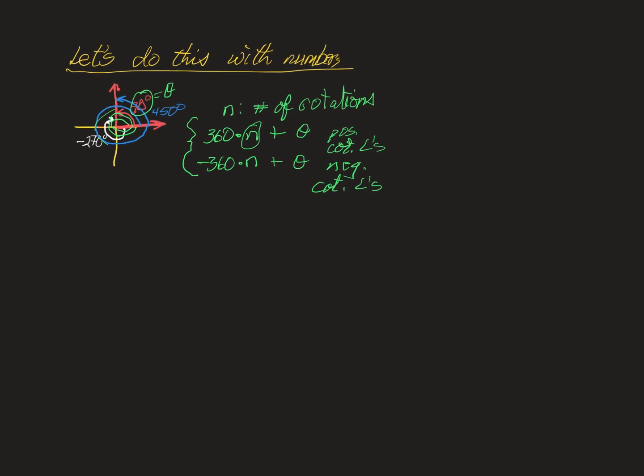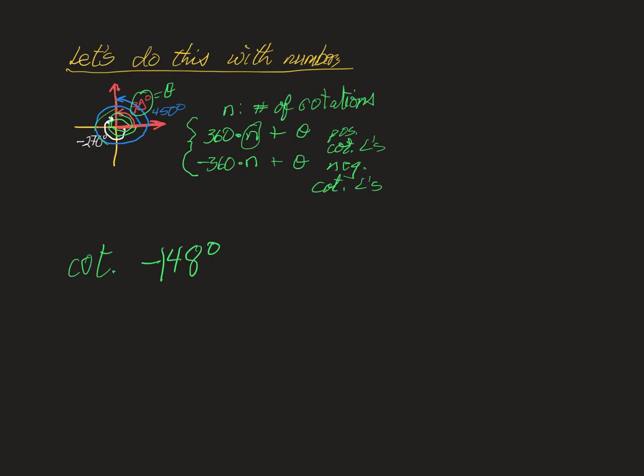Okay? Now, in your practice, they give you a few problems. And one of the things they say, what are the measures of a positive and negative angle coterminal to an angle of negative 148 degrees? So I want 2 angles that are coterminal to negative 148 degrees.